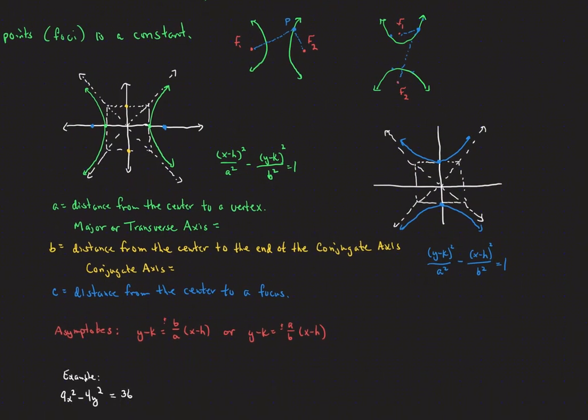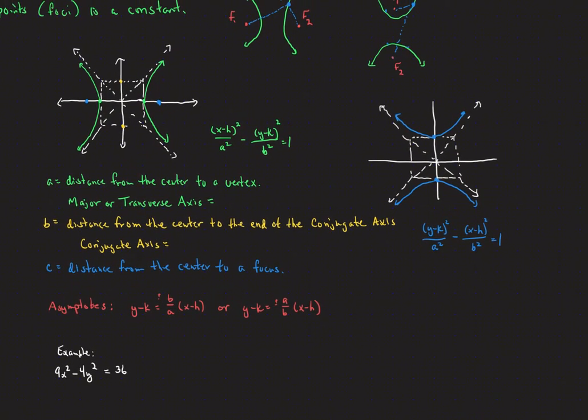Now, we got a bunch of vocabulary that goes with these. A lot of these words are similar or the same as what we used for an ellipse. Sometimes they have slightly different meanings. A is again going to be the distance from the center to a vertex. The vertices are going to be these points that are the closest to the center.